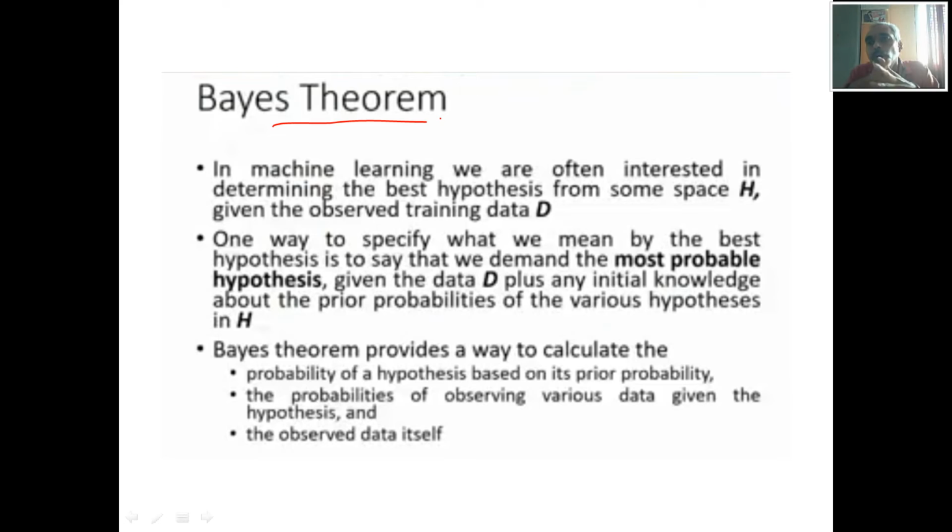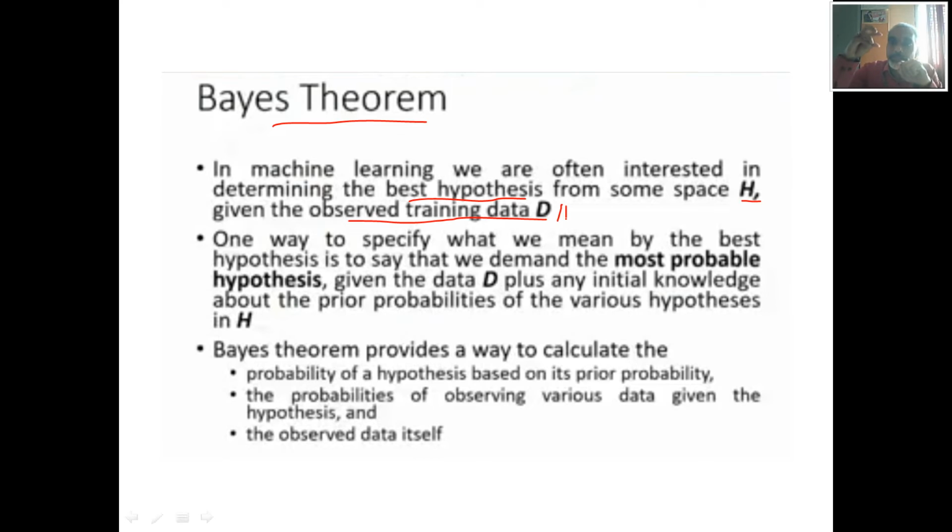For the past three modules we have been discussing what a hypothesis space is. Considering this hypothesis space H, our interest is to determine the best hypothesis from the hypothesis space, given the observed training data D. This is very, very important for us.